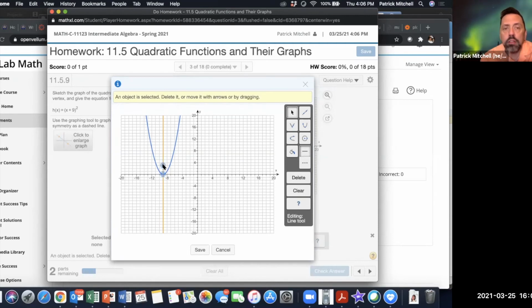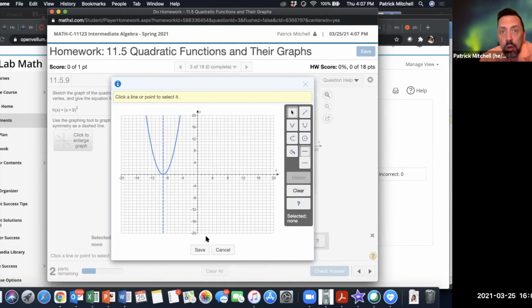So there is the axis of symmetry. Now there's one other thing to do, they wanted this as a dashed line. So when you see that a graph is in yellow, that means that it is selected on the computer. And so if you click the dashed line button over here, it will change it to a dashed line. And now if I click out here, you should be able to see it better.